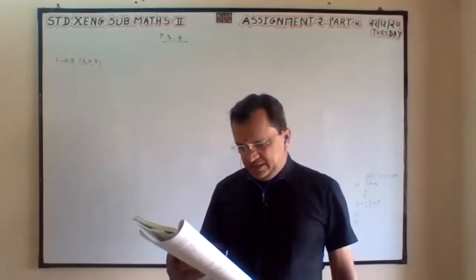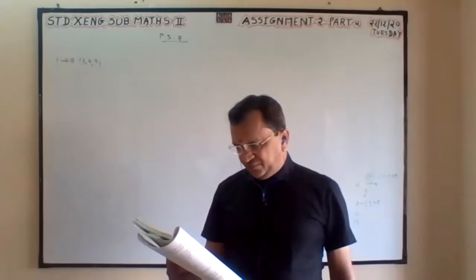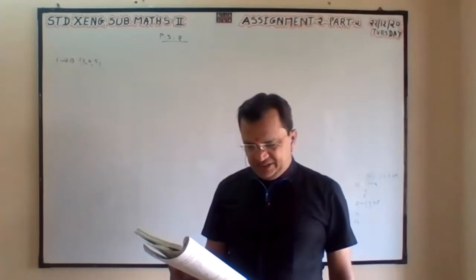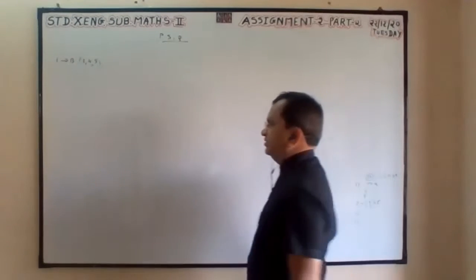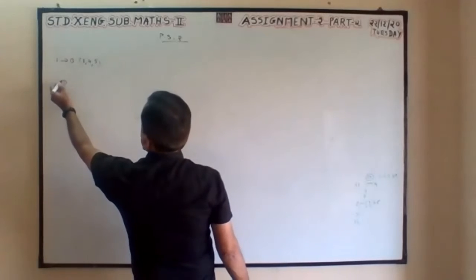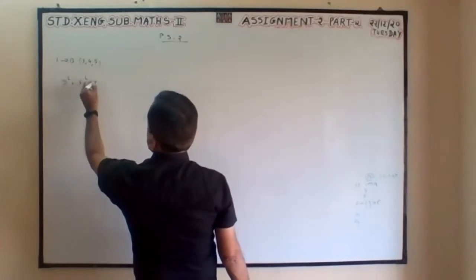Right angle triangle, if the sum of the square of the sides making the right angle is 169, then what will be the length of the diagonal? So diagonal square is equal to side 1 square plus side 2 square.